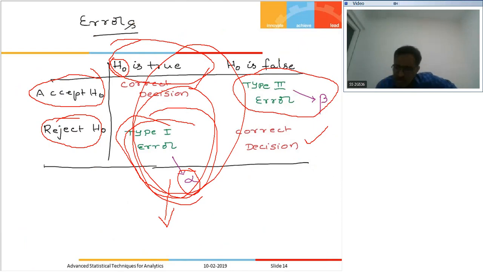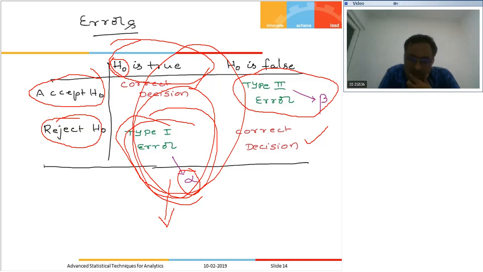This example we are discussing now is because of the central limit theorem. Because of it we are able to use the normal distribution. Nowhere is it mentioned that the population is normal, but still we use it because of the central limit theorem. That is the importance of the central limit theorem.